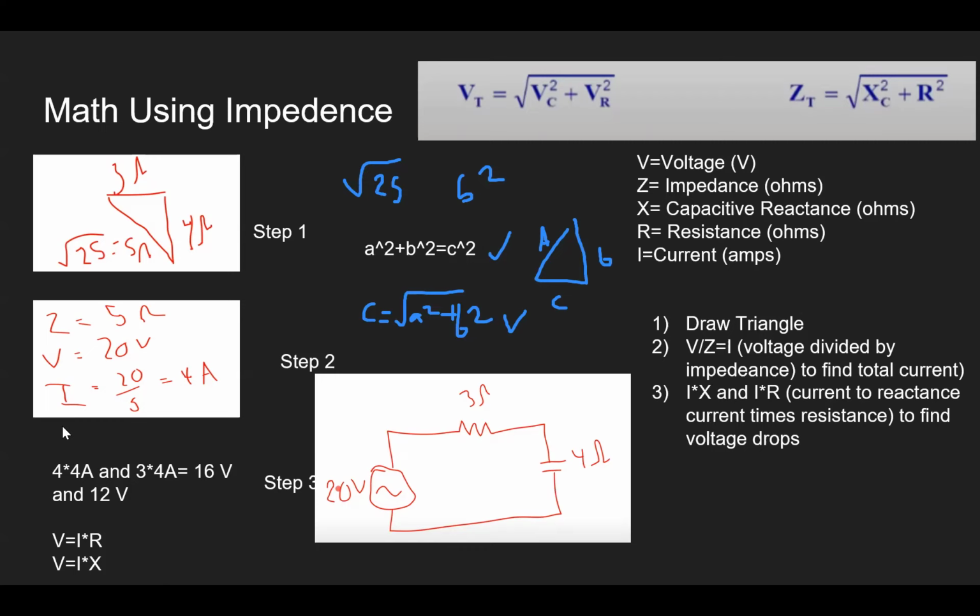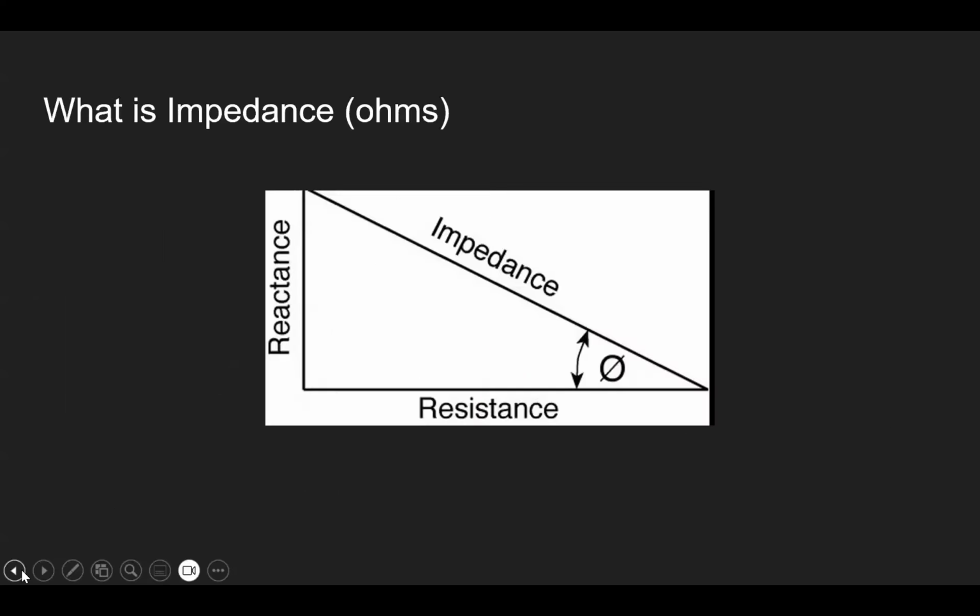The reason we're talking about it for this class is that it goes back to impedance. If we were to draw out reactance and resistance, impedance is the C part of the triangle. Let's say the length of reactance is A, resistance is B, and impedance is C. They draw it like this to remind you of the equations.